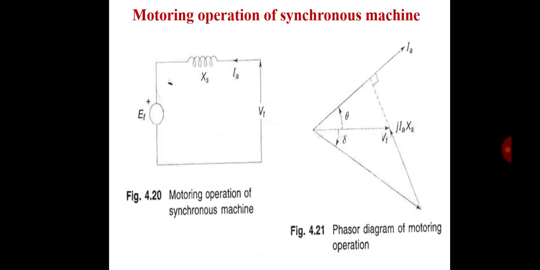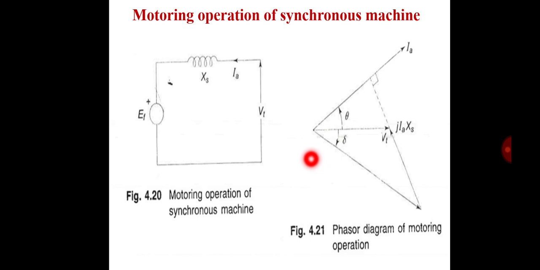Now the synchronous machine working in motoring operation. Here it is the same as the generator, but the current direction is different from the generator. The current direction is in that direction. So the equation becomes Vt equal to EF plus j Ia into XS. Here is the same phasor diagram for motoring action.